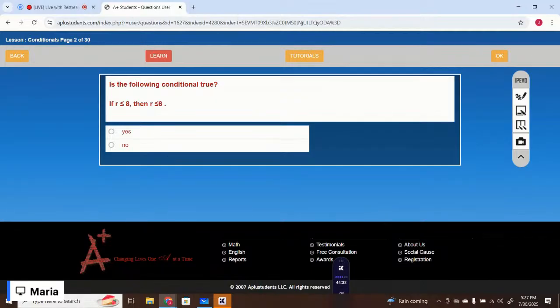If r is less than or equal to 8, then r is less than or equal to 6. False it is.